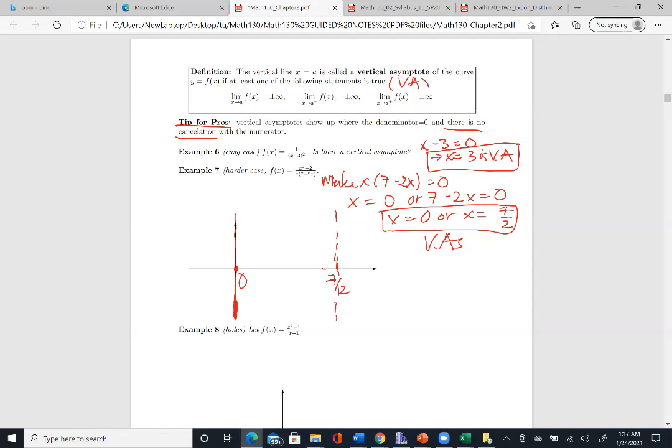So the graph will not go through these two vertical asymptotes, but go along with them.